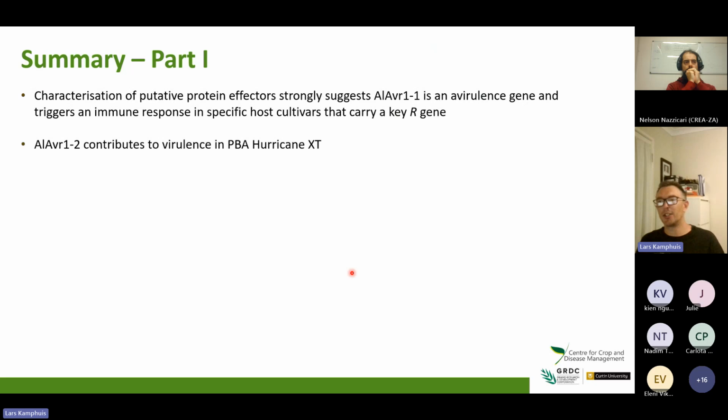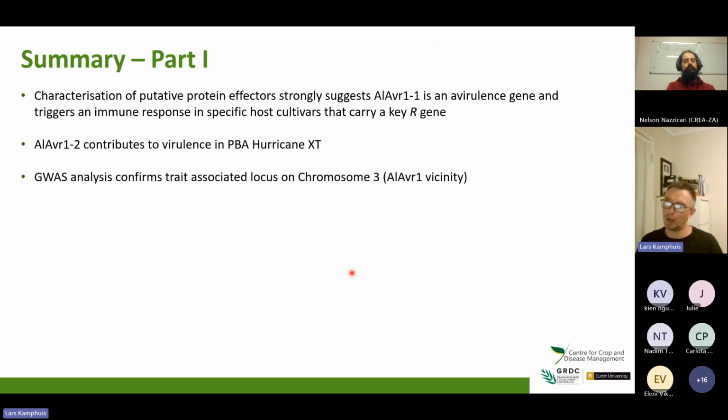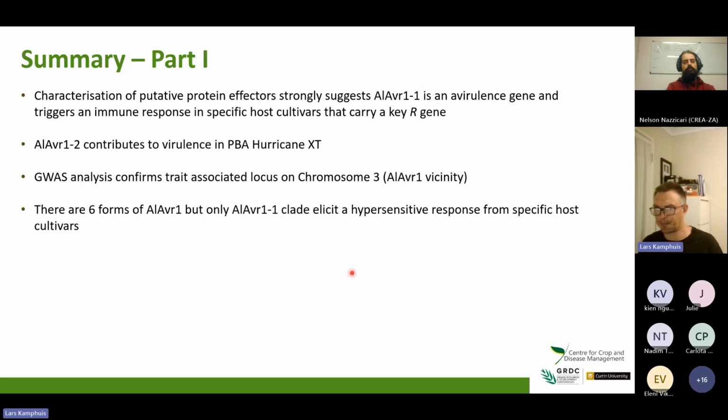We've demonstrated that ALAVL1-2 contributes to virulence in Hurricane XT. We also used GWAS analysis to confirm that this association occurs and that there's likely other resistance interactions with other lentil genotypes co-located in that chromosome 3 region of the pathogen. So that seems to be a hotspot for potential effectors.